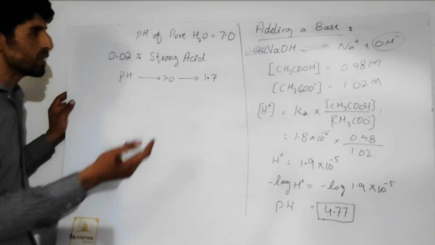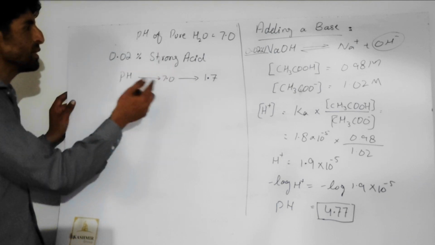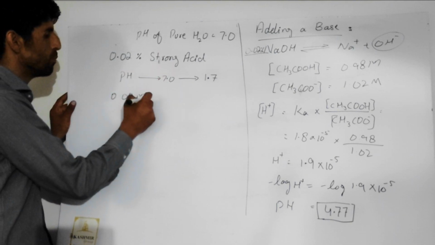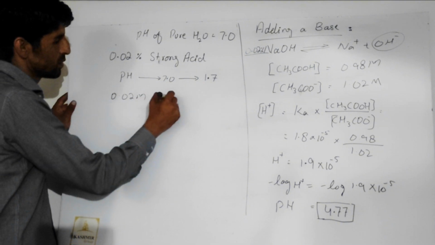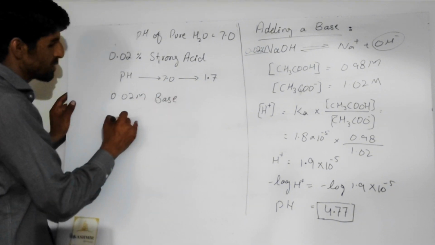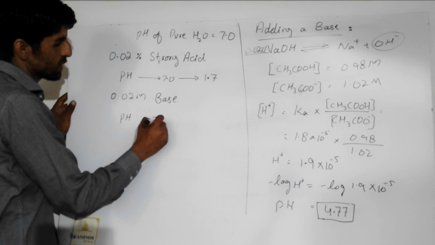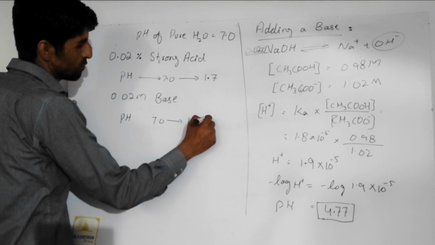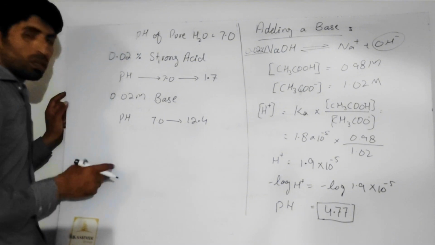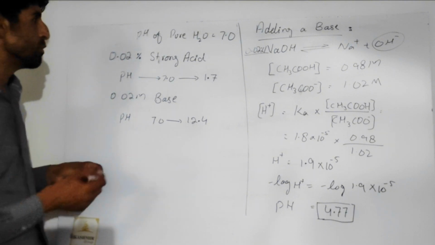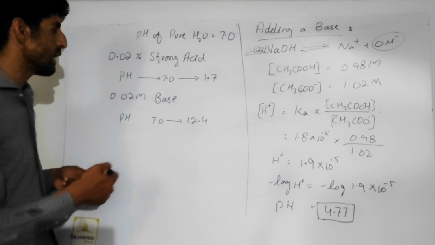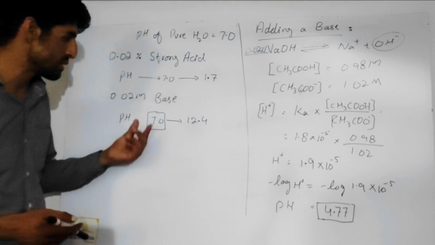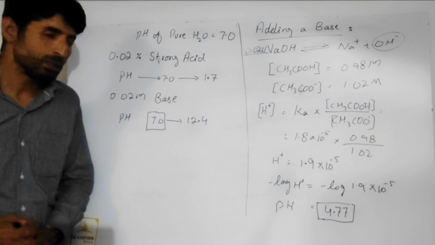and the same is the case with adding a base. If we add 0.02 mole of a base, then the pH value will change from 7.0 to 12.4. This is the clear difference: before adding base or acid, the pH of pure water remains at 7.